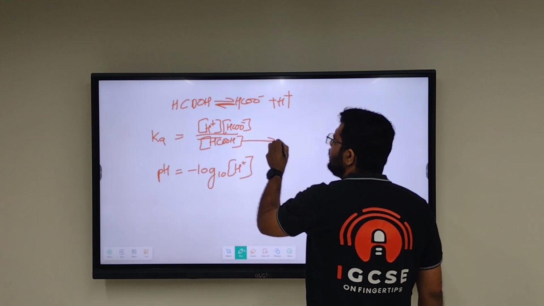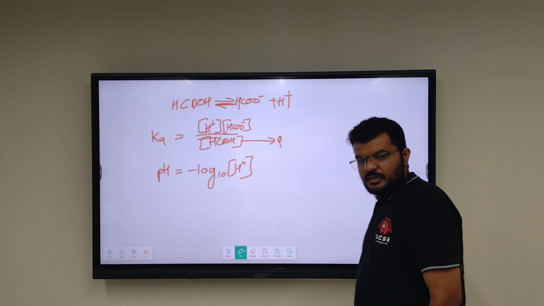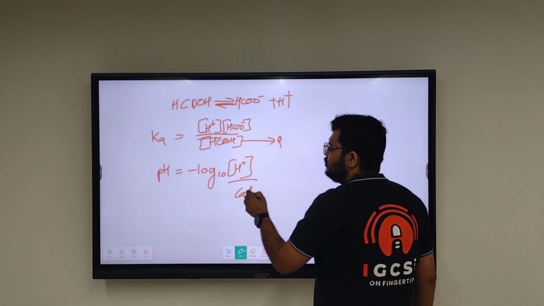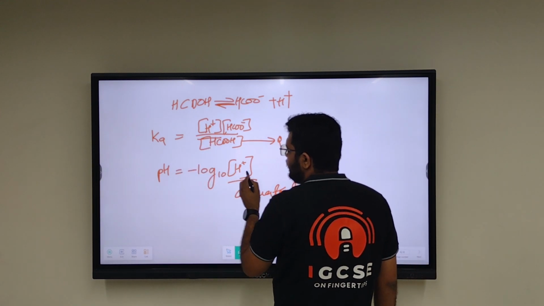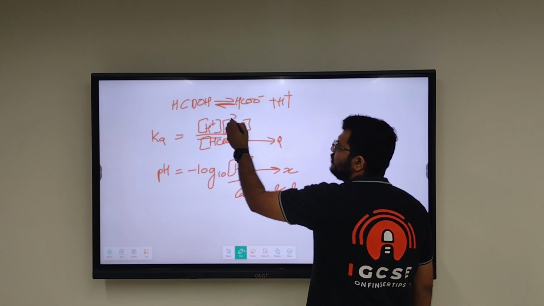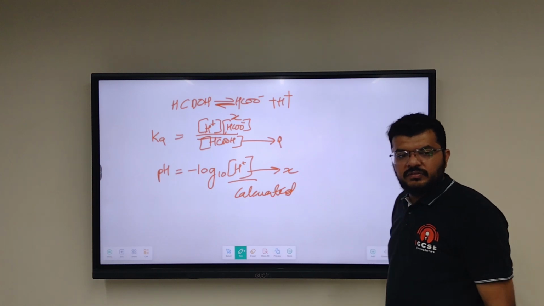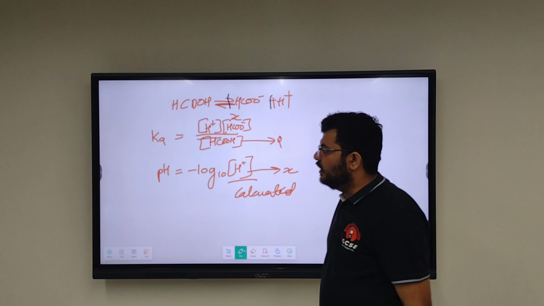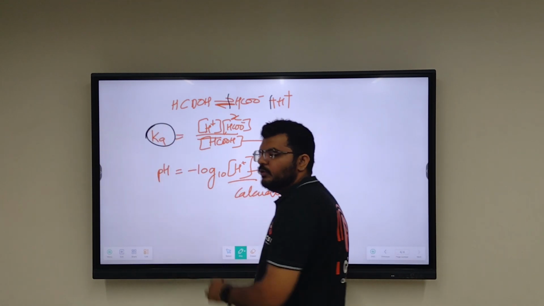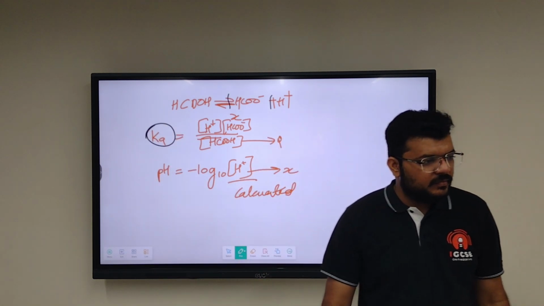This is already given in the question. This can be calculated from this equation, and therefore if this is X, this also will be X, because when this dissociates, they dissociate in equal ratio, and therefore you can find out the value of Ka.